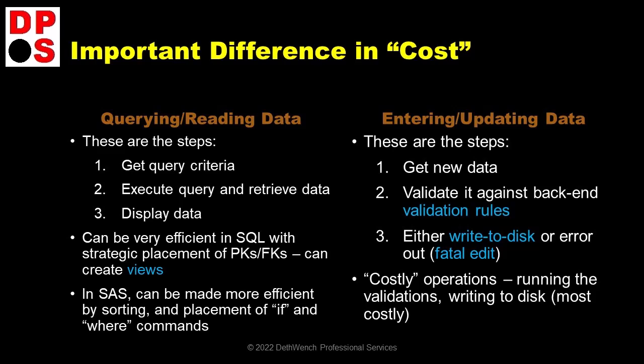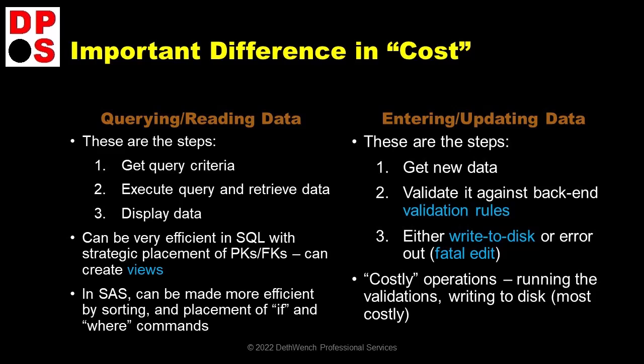Now, let's compare the cost of a read operation, which has a non-zero cost, to the cost of entering and updating data. Let's look at the 3 steps involved in updating data. First, the system has to get the new data. What this means is you have to fill out the data entry front end with the new data and then hit submit. In the second step, the data flow to the back end where they hit validation rules.